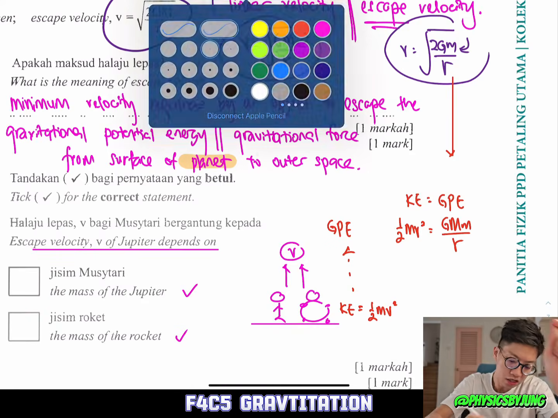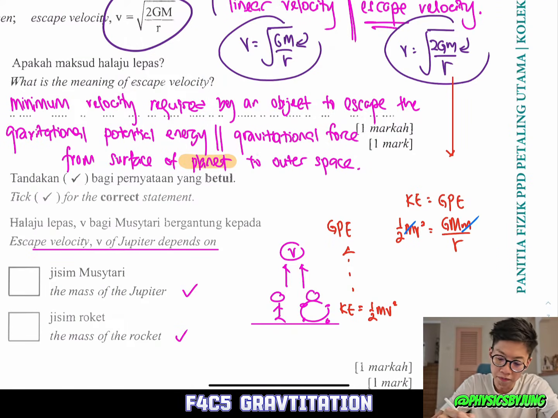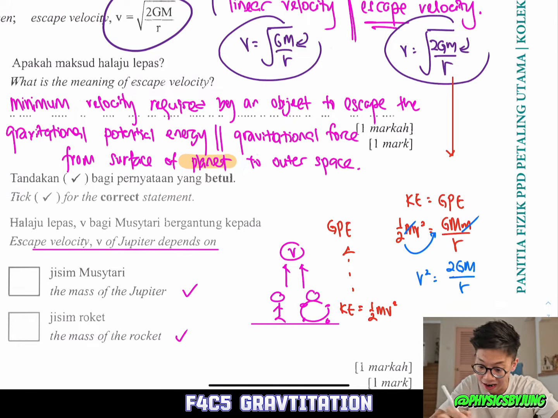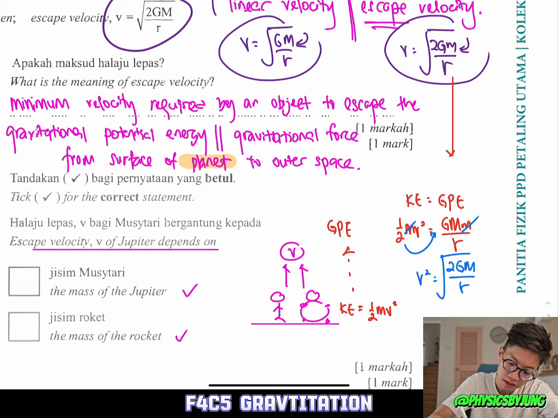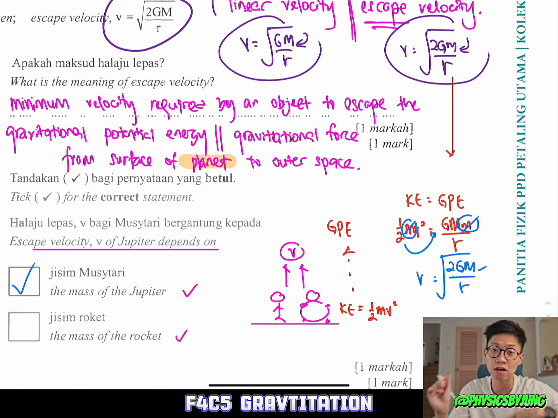You can even find this in your textbook. If you cancel the small m and move the half to the other side, your v squared will equal 2GM over r. Then you square root this. This also proves that the small m has cancelled each other out, meaning the remaining one is the big mass, the mass of Jupiter.